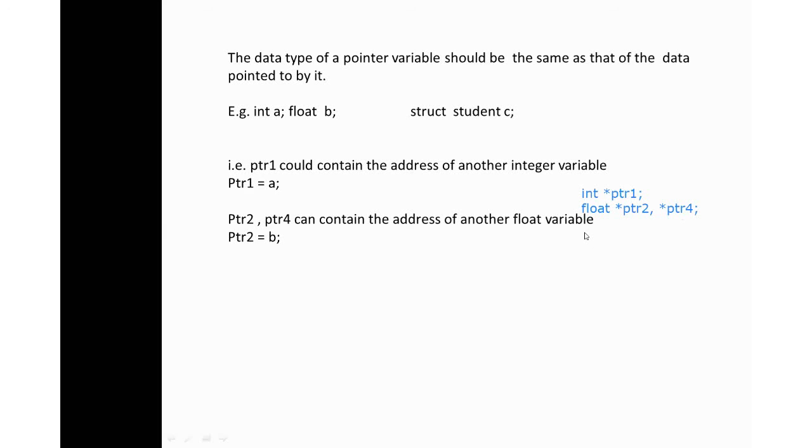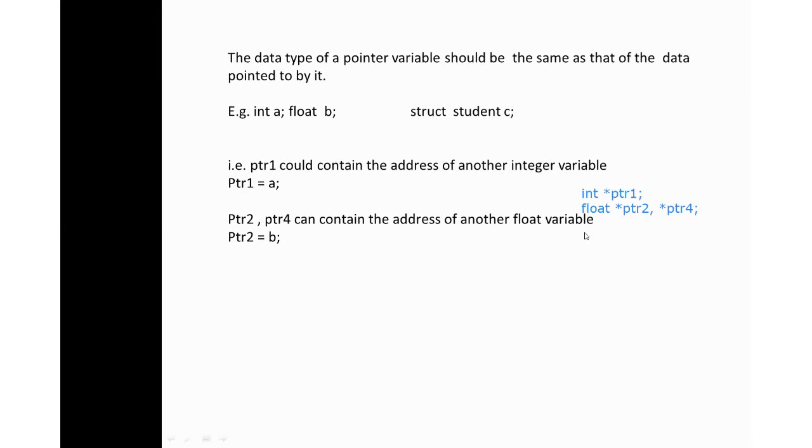Because PTR2 is a float pointer variable. B is a variable declared of the type float. So you can connect only these two, PTR2 or PTR4, with B. Only these you can connect with each other.